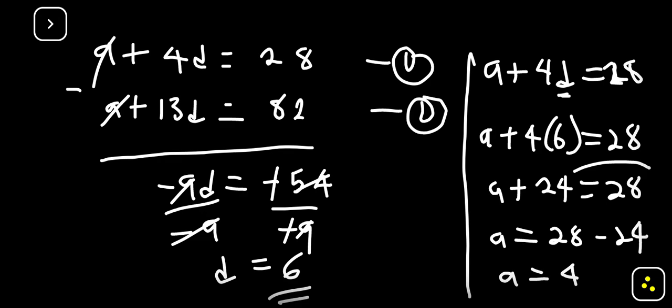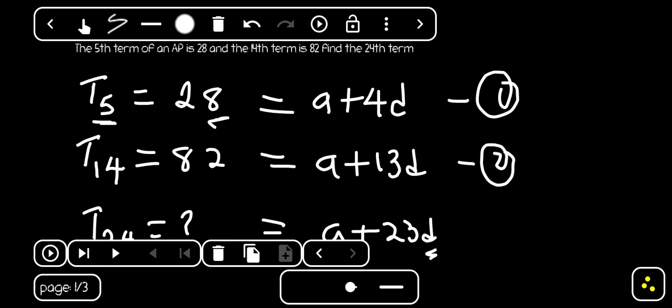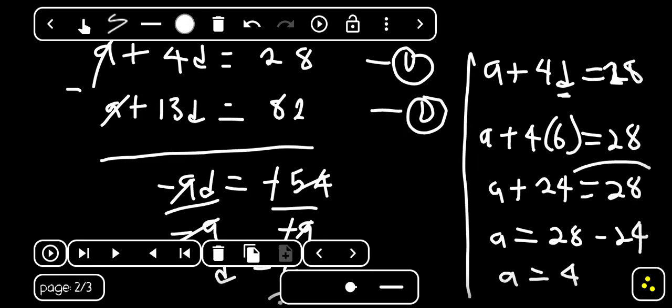With this, we can now apply A and D into the 24th term and get the answer. Since we have A as 4 and D as 6, the 24th term is 4 plus 23 times 6. Let me check that this is accurate.